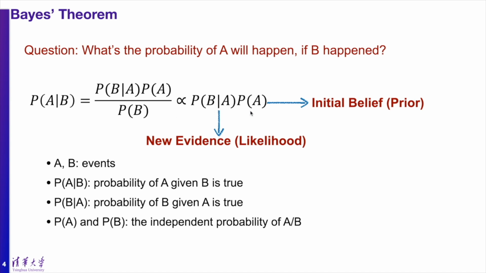The independent probability of A is actually our initial belief. Mathematically, we call it the prior knowledge. The probability of B given A is the new evidence to update our initial belief. Mathematically, we call it the likelihood.